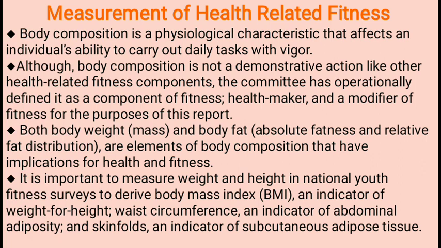Whatever the percentage of fat the person has, if they have more accumulation of fat or more adiposity, then the chances of the person having a health risk increase, he or she is going to invite many diseases. So body composition is a physiological characteristic that affects the individual's ability to carry out daily tasks.